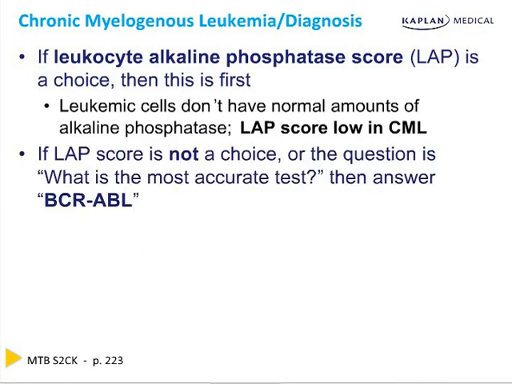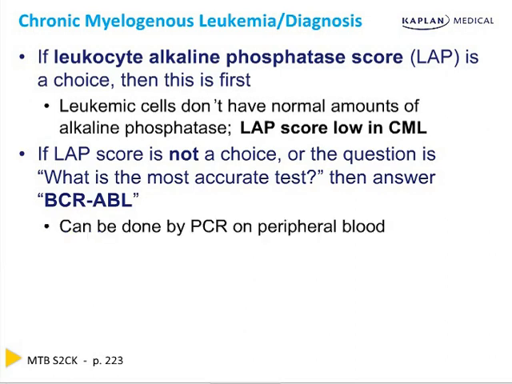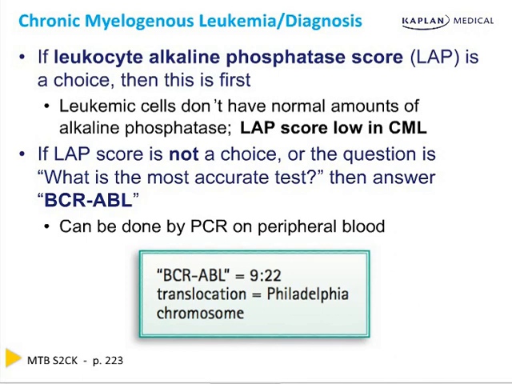If the LAP score is not a choice, or the question says, what is the most accurate test, then the answer is BCR-ABL. BCR-ABL can be done by PCR on peripheral blood. The BCR-ABL is the Philadelphia chromosome. The BCR-ABL is the right term for the 9;22 translocation. It is clearly superior to the LAP score because it is clearly the most accurate test of CML.